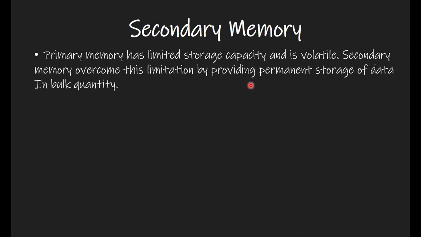So to store the data permanently and to store the data in bulk, what do we require? We require some other memory. So secondary memory overcomes this limitation. Secondary memory provides permanent storage in bulk quantity. Secondary memory is also referred to as external memory.